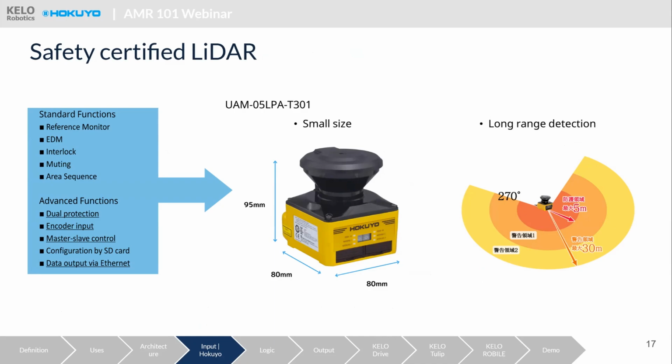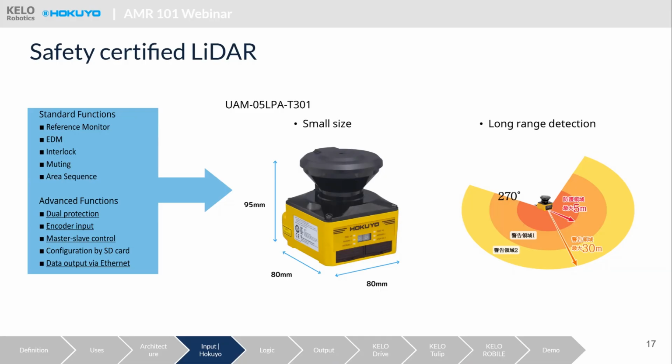The scanner is designed to be very compact and feature-rich. The compact size makes it easier for our users to integrate the scanner into their mobile robot, and the rich set of safety functions allows our customers to use the scanner for basically any kind of safety application, including AGV or AMR applications.